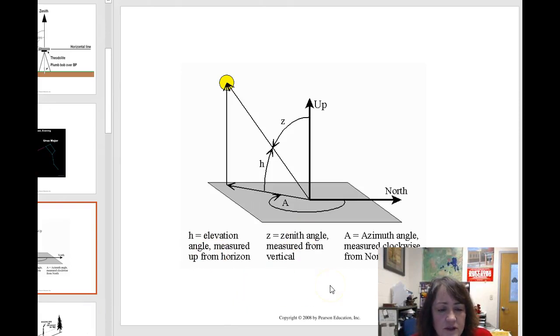Okay, so here's just another indication. If we have up and north, we have a zenith angle, and we have a vertical angle, or an elevation angle, and then here we have what's called an azimuth. If you look in the plane, this is called the compass rose. And I'll draw this again. It's in your notes. So if you refer to the notes that are along with this diagram, the compass rose shows north, south, east, and west.